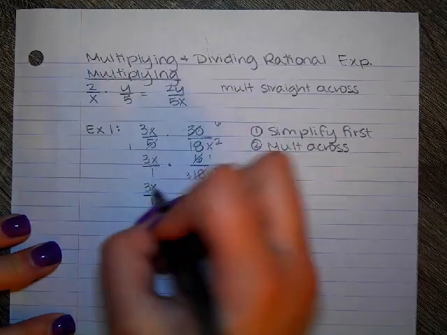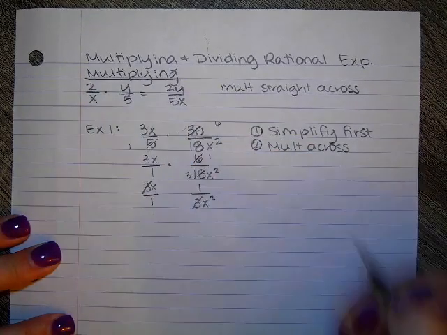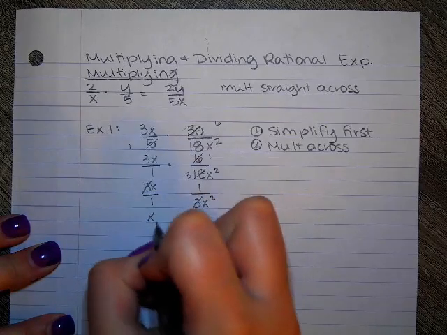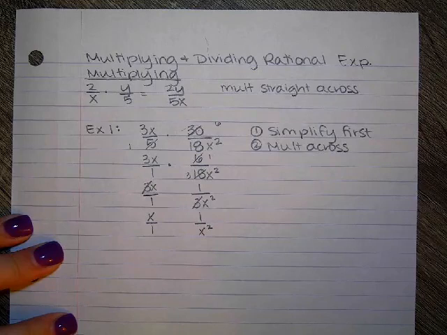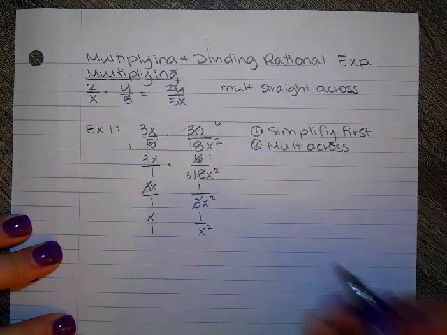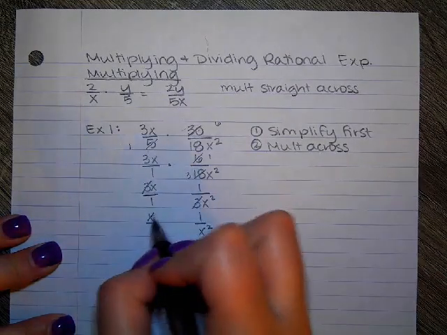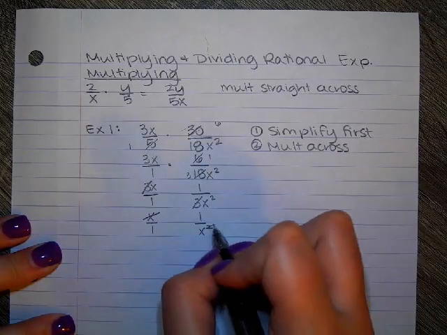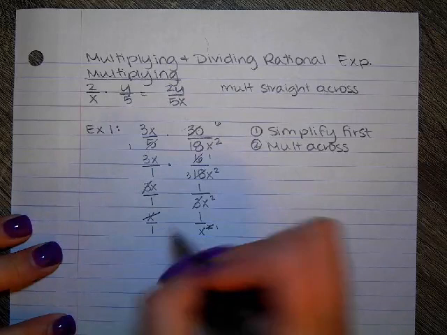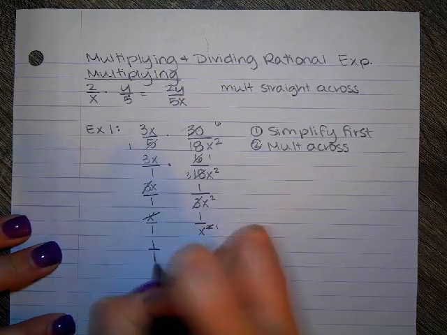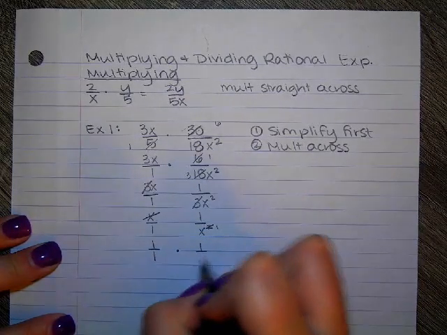We've got a 3 on the top and a 3 on the bottom, and those go away. Now I've got x over 1 and 1 over x squared. And now one of the x's on the top should cancel with one of the x's on the bottom. So now we've got 1 over 1 times 1 over x.